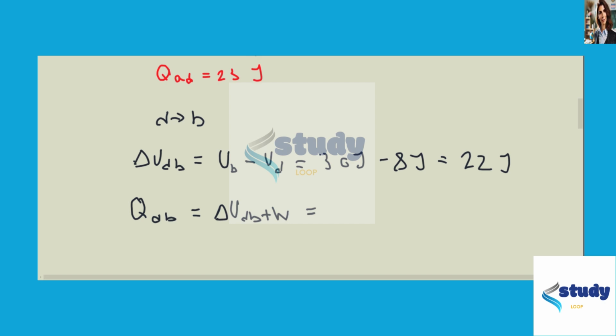You can see this from the figure given in the problem. So this is going to be just 22 joules plus 0, and therefore the Q from D to B is going to be equal to 22 joules. And with this, we have finished the part C of this problem.